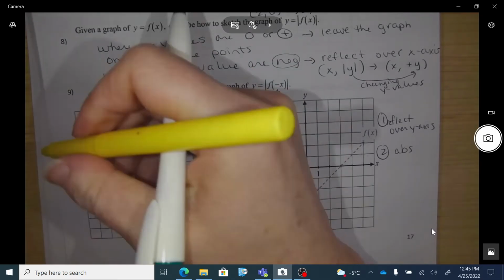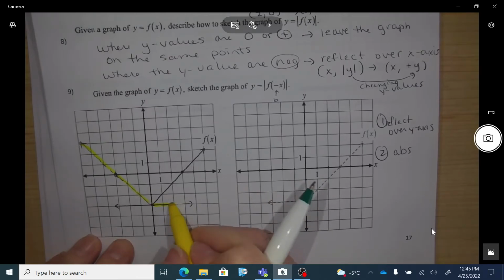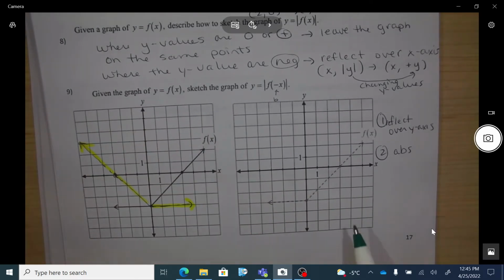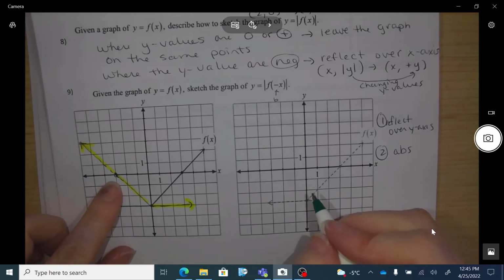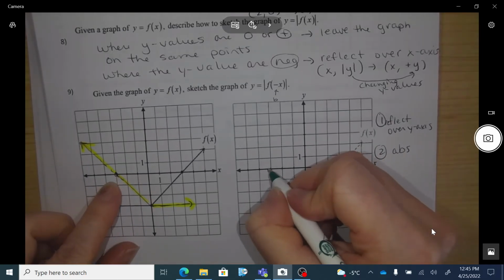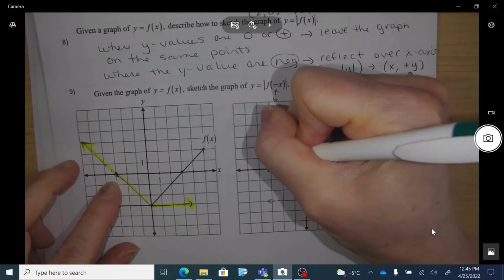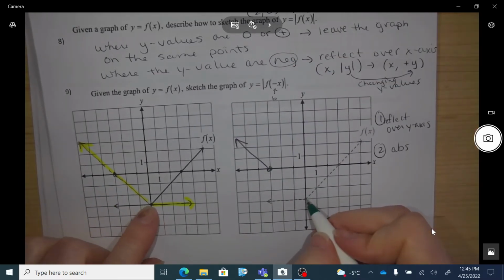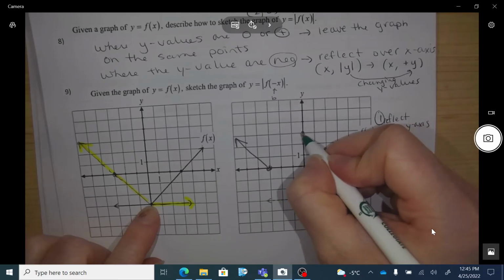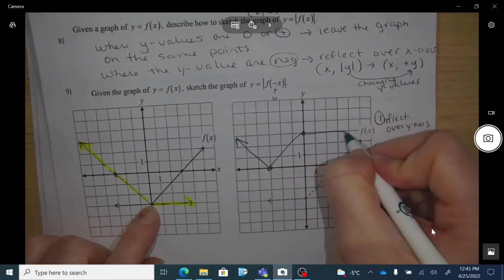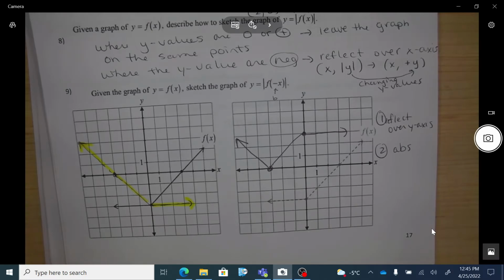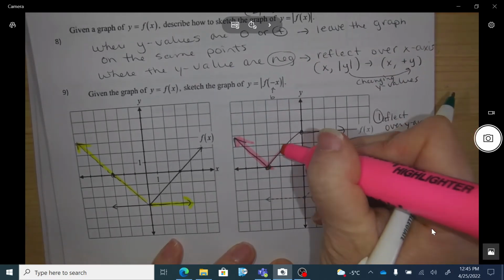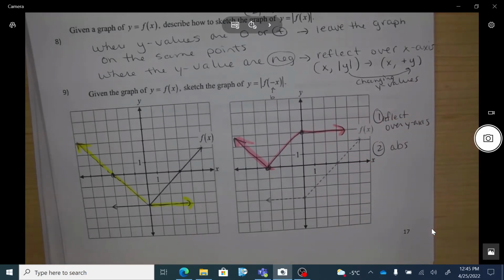It's hard to see, but I'm going to draw with the highlighter here. So that's my reflection, and now when I absolute, this part will stay, and then this part will change because it's negative. So this was the stay, and then this part was the change to positive.